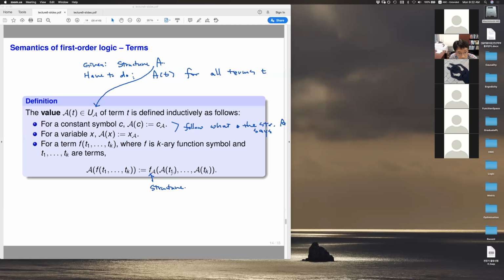So we inductively interpret t1 up to tk, and then look at the meaning of the function symbol in the structure, and then we apply it to these terms. If I give you a structure and ask you to come up with a sensible, reasonable interpretation of a term t which is compatible with the structure, this is what you're going to come up with. So it's something very natural.